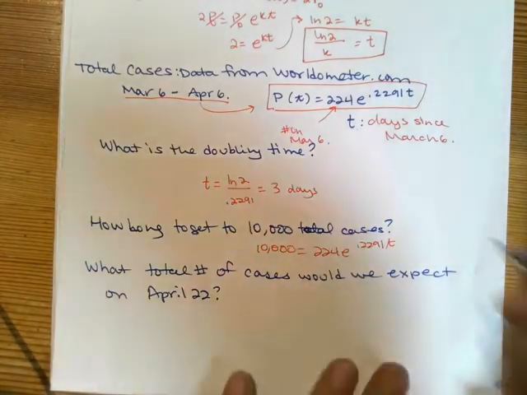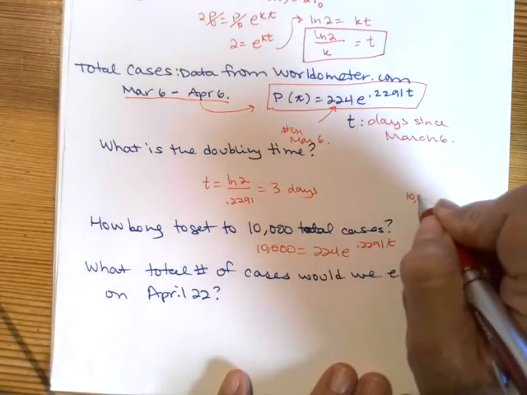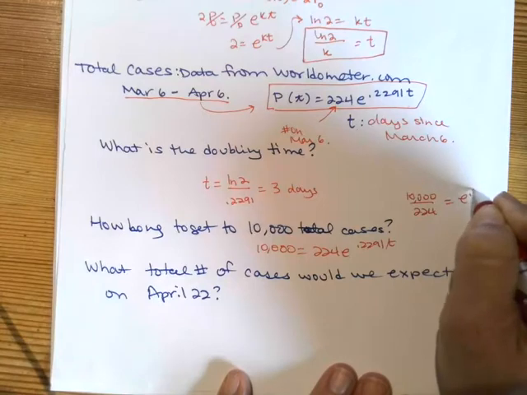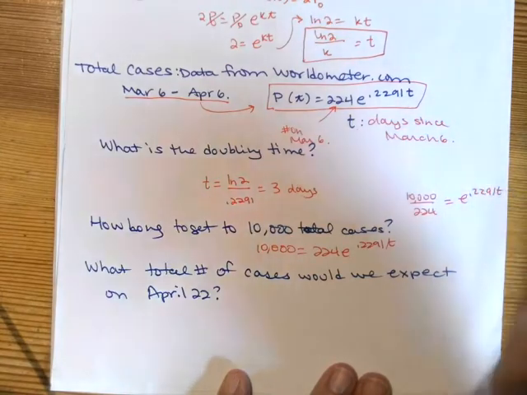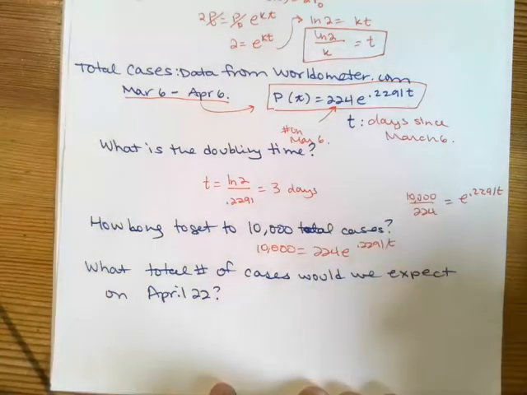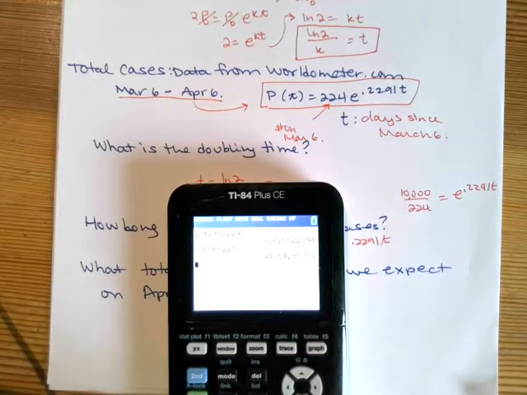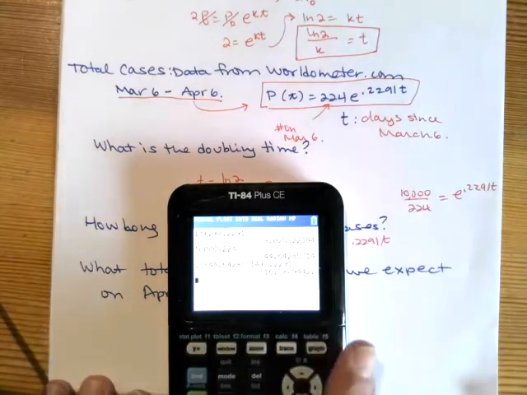I didn't really leave myself space, so I'm going to just talk through some of this. All right, so divide by 224. And then we'll take the natural log, so I've got 10,000 divided by 224, natural log of that, and then divide by that k, 0.2291.